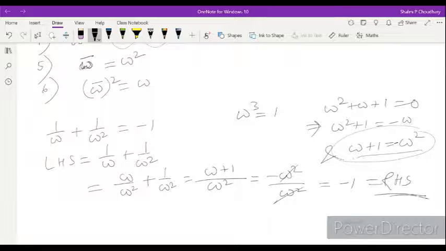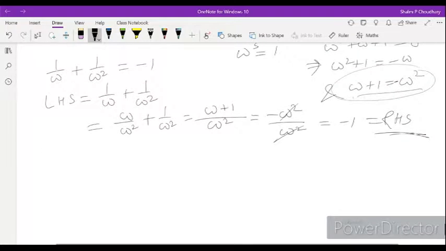Next question, again we have to prove something. This was the first one. Now the second question: we have to prove that 1 plus omega square whole cube is equal to -1. How will we prove this?